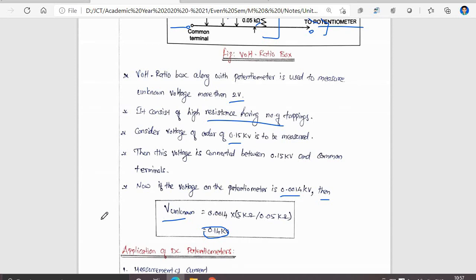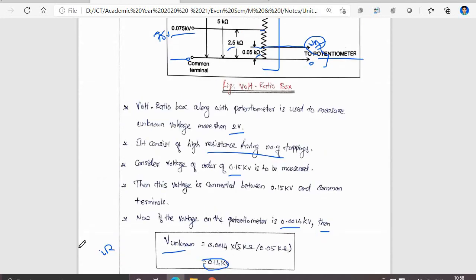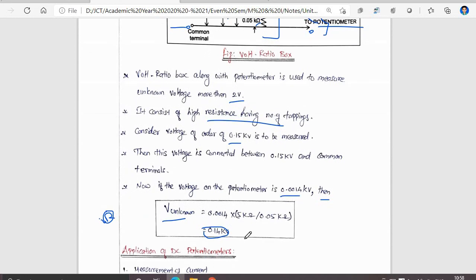V equals I times R. Here R equals 5 kilo ohm. First we have to find out the value of R.